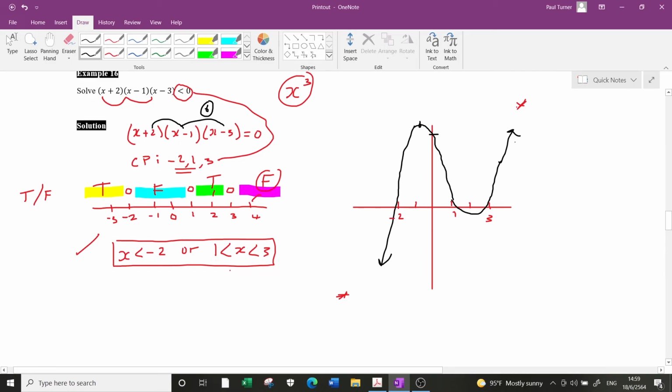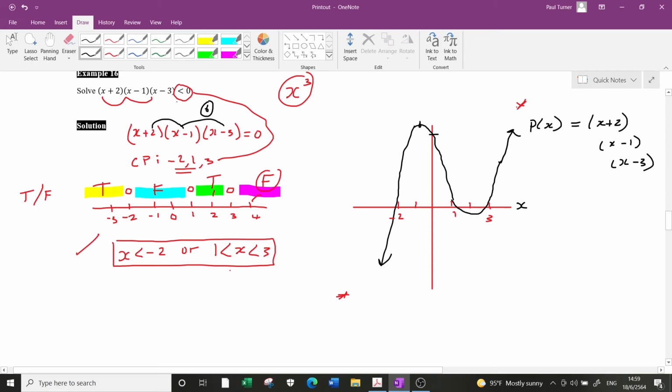So that would be the graph of this polynomial, P(x). And we can write it out, x plus 2, x minus 1, x minus 3. So you know how to graph these already. So we just draw the graph of the polynomial.